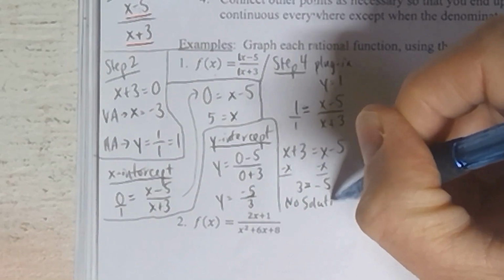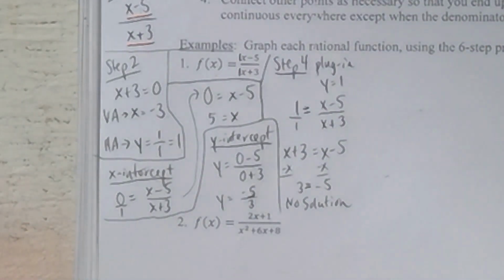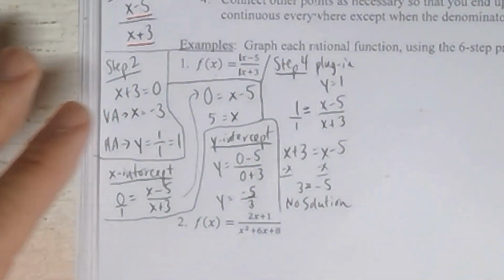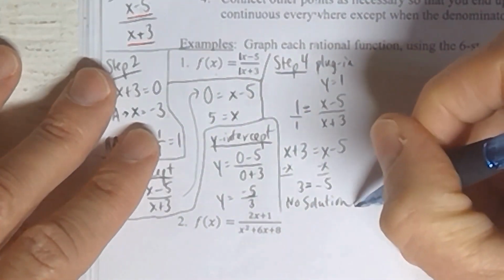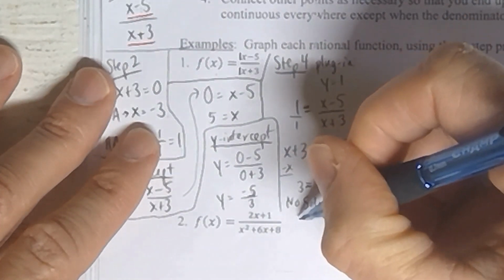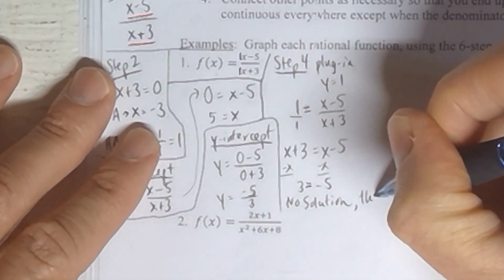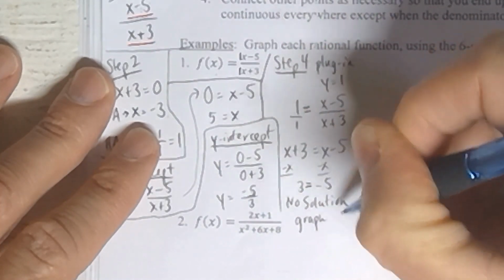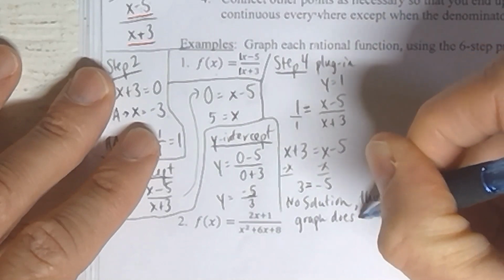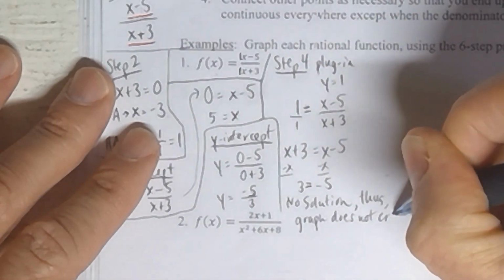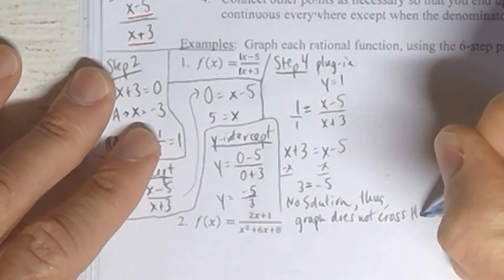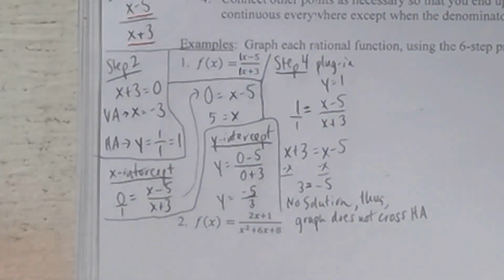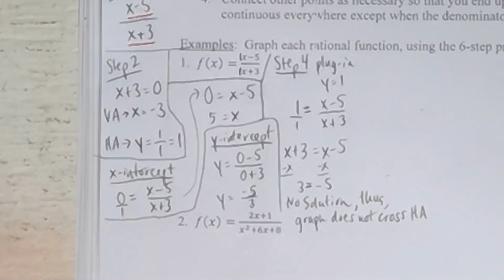But what does that mean as far as what we're trying to figure out here? It means that the graph does not cross the horizontal asymptote. It does not cross it because if it did, there would have been a solution there.